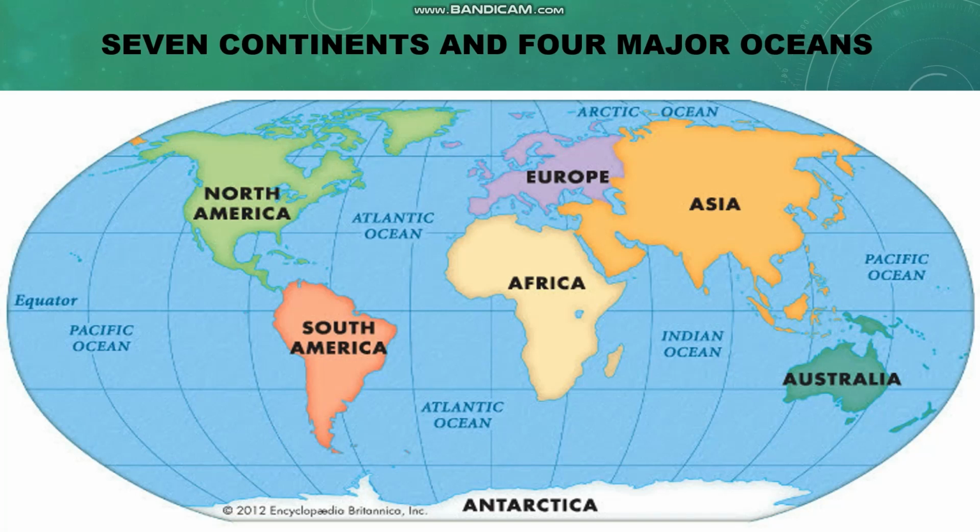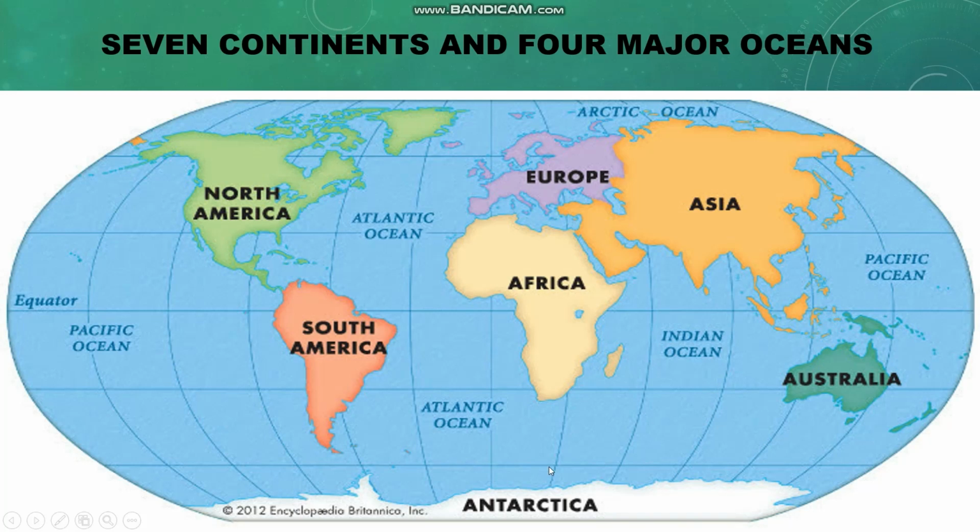There are 7 continents and 4 major oceans. The 7 continents are mentioned here: North America, South America, Africa, Europe, Asia, Australia and Antarctica. How many continents are there?